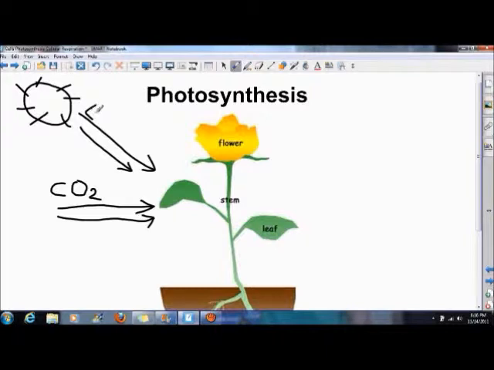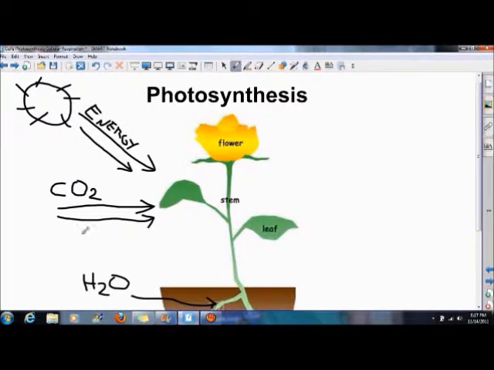We can label that energy. And the plant also needs to take in water, which we're going to call H2O. It gets that from the ground and it should come in through its roots.